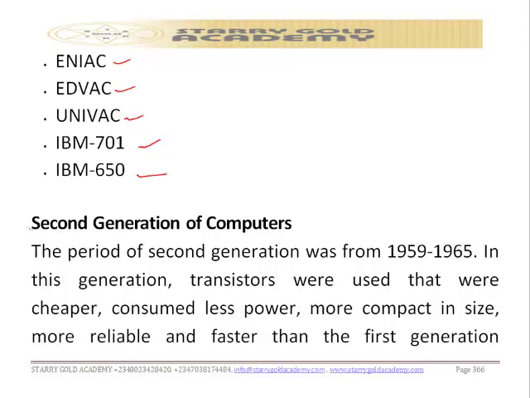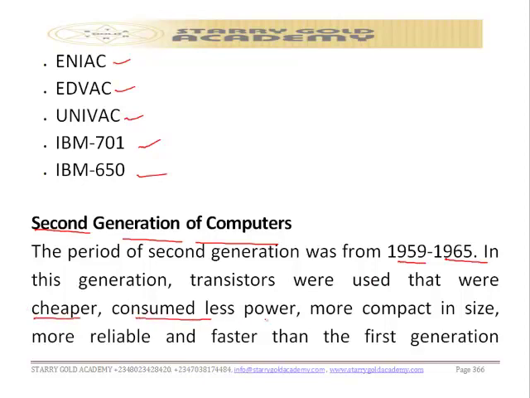Now second generation of computers. The period of the second generation was from 1959 to 1965. In this generation, transistors were used, and these transistors were cheaper.